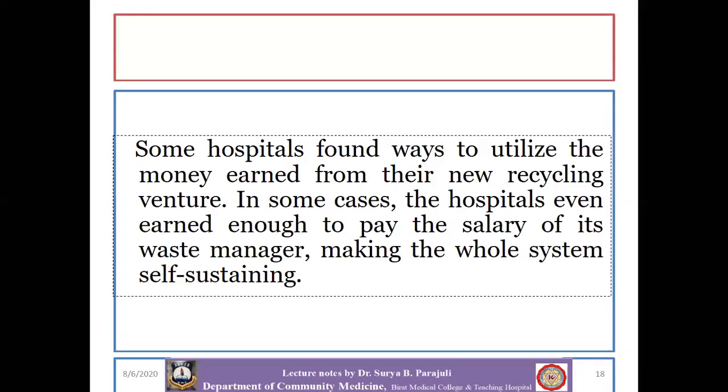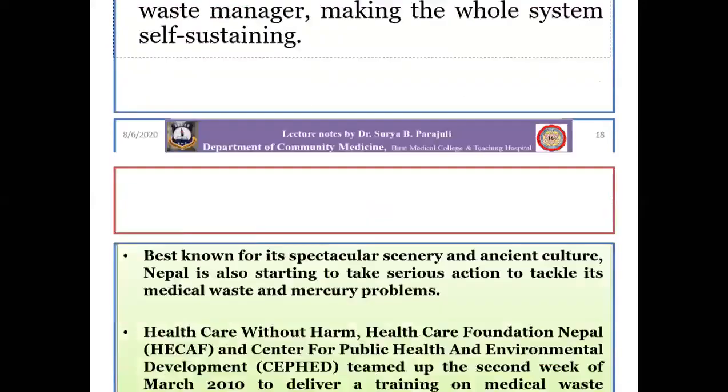It's called self-sustaining. Sustainability is the issue, and it can be achieved through new recycling techniques. The money generated from hospital waste can be utilized for maintenance, salary, or everything. Right.